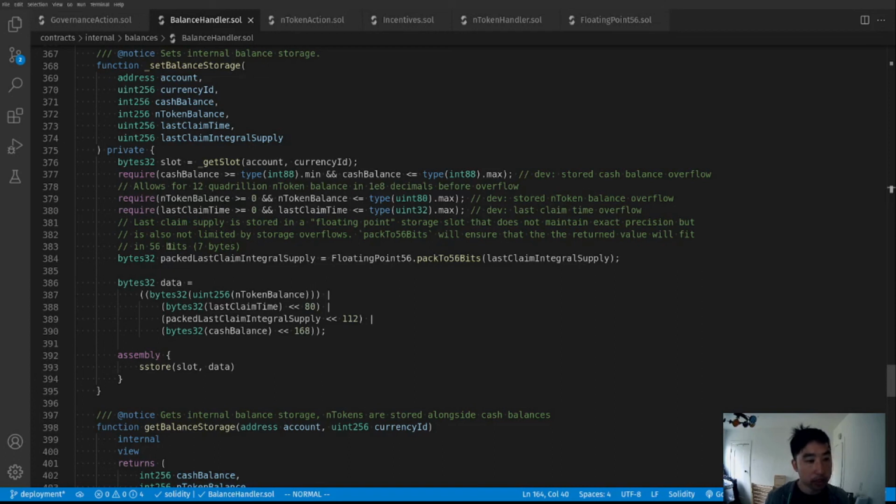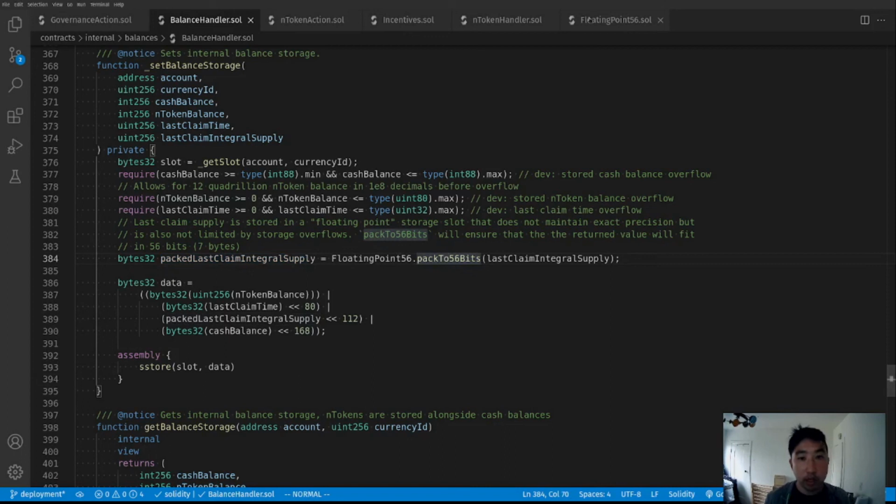However, we only really have 56 bits left inside this storage slot, which is not sufficient to store the full accurate integral supply value. So what we'll do here is pack it into 56 bits using a floating point type compression.